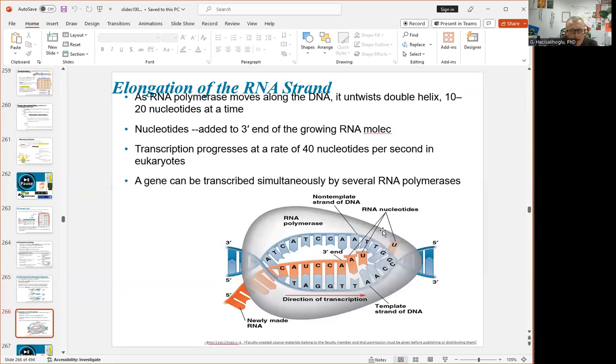Now the RNA polymerase bubble moves, it elongates, and starts making the newly made RNA, you can see in red. This bubble moves along the DNA and untwists the double helix, 10 to 20 nucleotides at a time. Nucleotides are added to the 3' end of the growing RNA molecule. And this starts the RNA transcription.